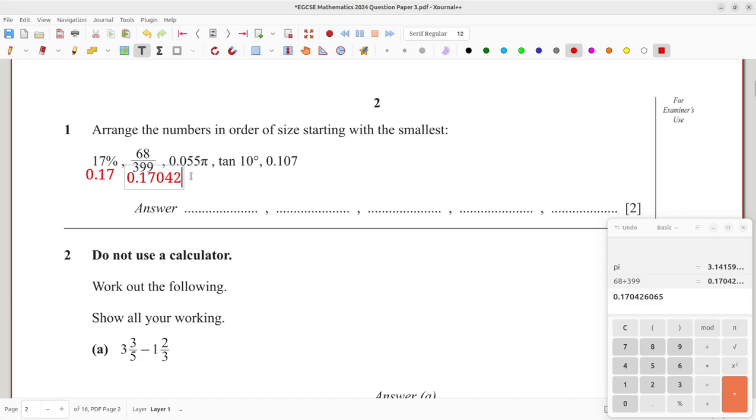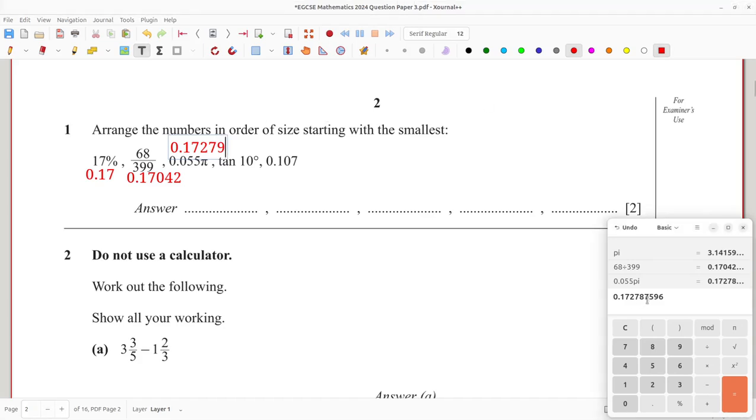And then the next number, 0.055 pi, that's 0.1727, maybe let's write 9.